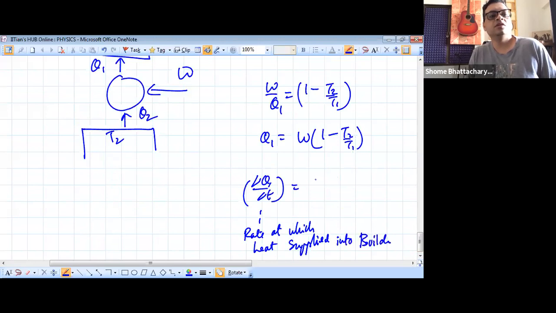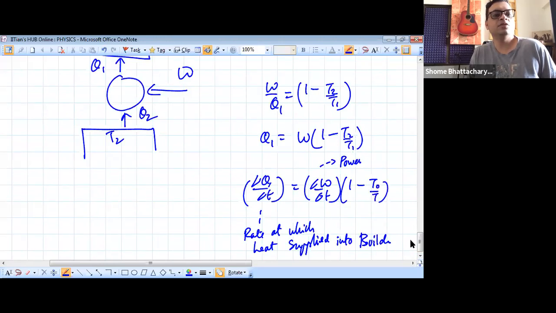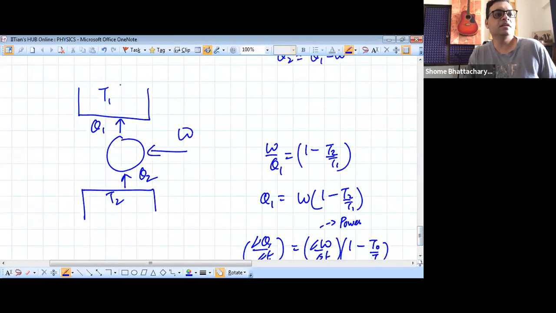will be equal to delta W by delta T, which is the power consumed, divided by 1 minus T2 by T1. What does that become? It becomes T0 by T, because now this is the building. So your T1 is equal to the temperature of the building, and this is the atmosphere outside.